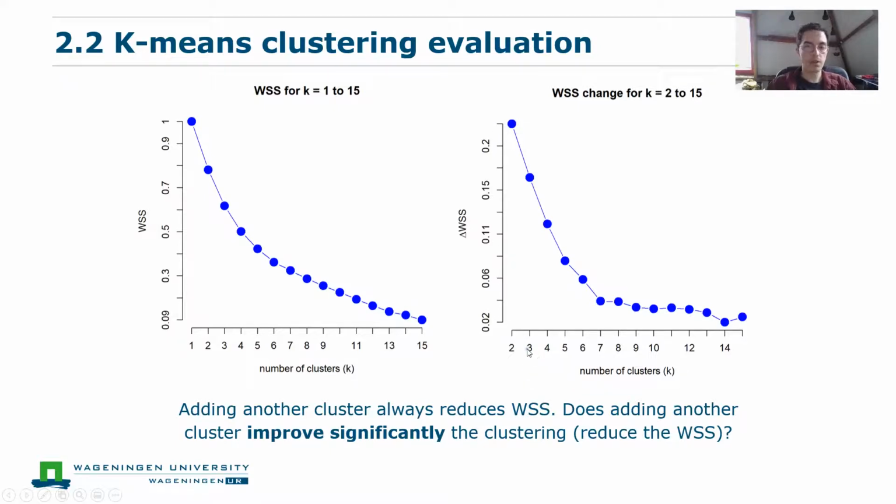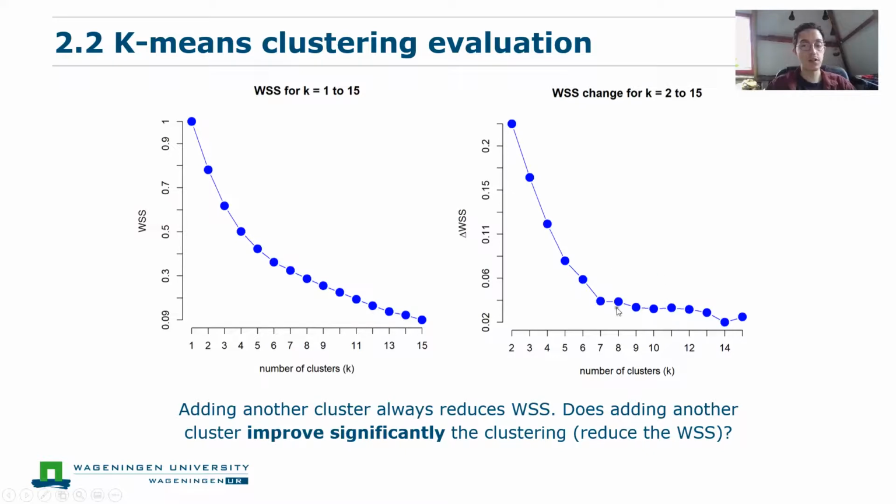From going from 2 to 3, we improve a little bit less. From 3 to 4, we improve a little bit less, and so on, until there is a point in which adding another cluster always improves a similar amount, decreasing the within sum of squares by a similar amount.